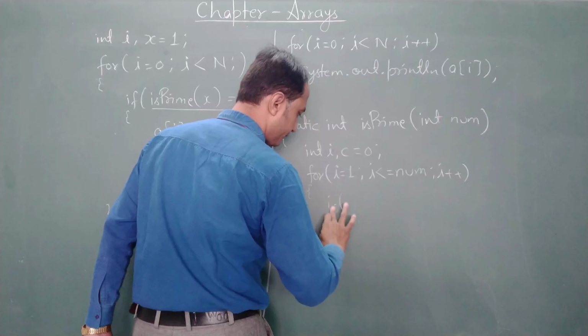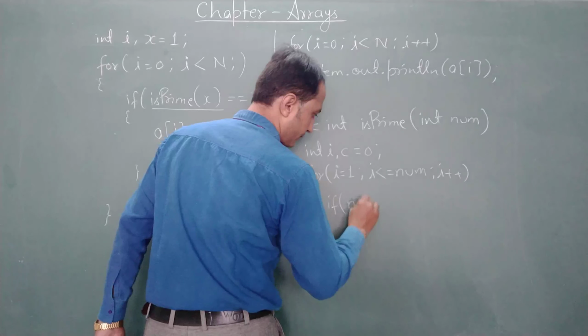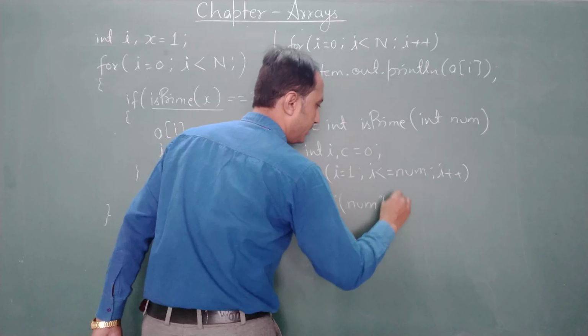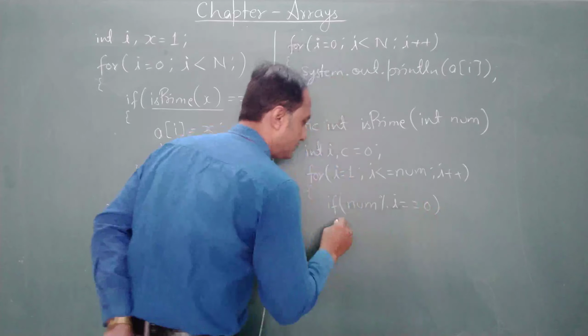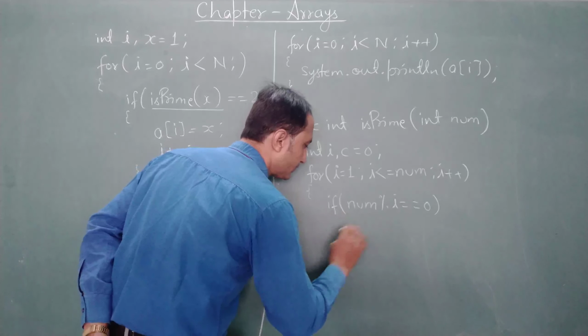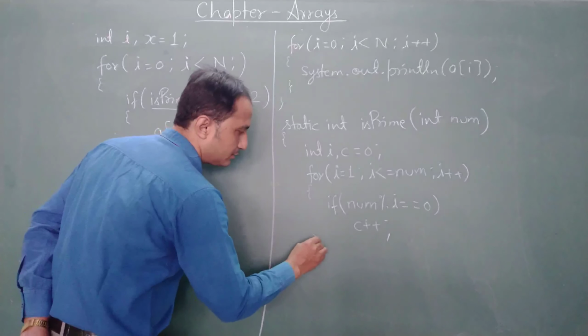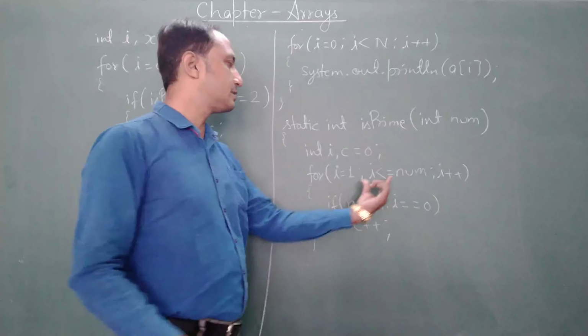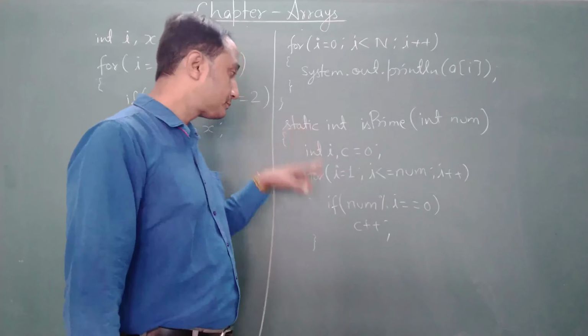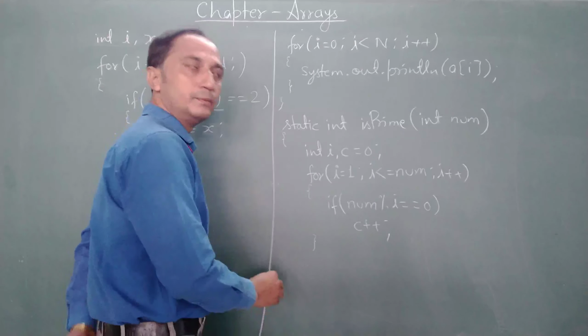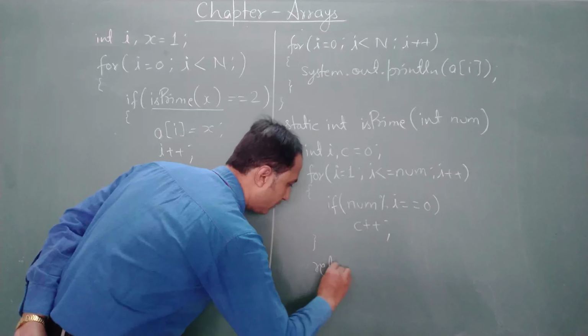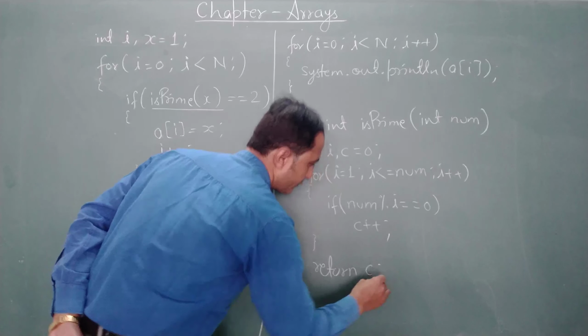If number mod i is equal to 0, then the counter will increase by 1. The same process will repeat till i is less than or equal to the number. After completion of the loop, simply we will return the value of counter from here.